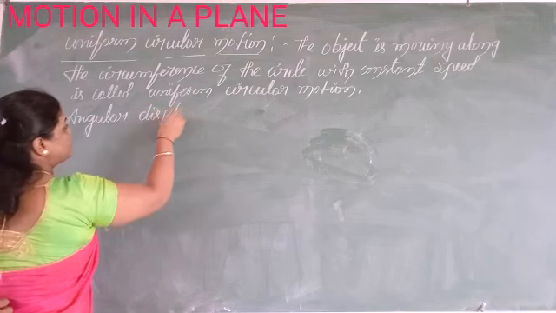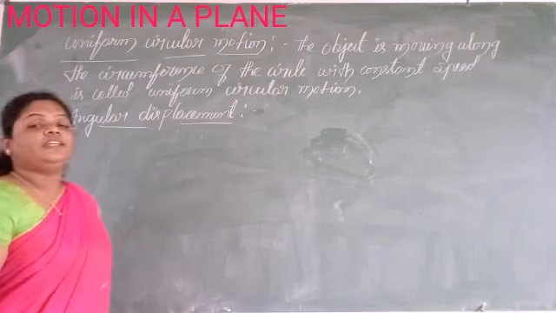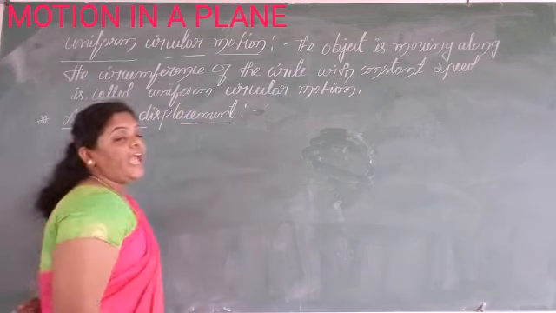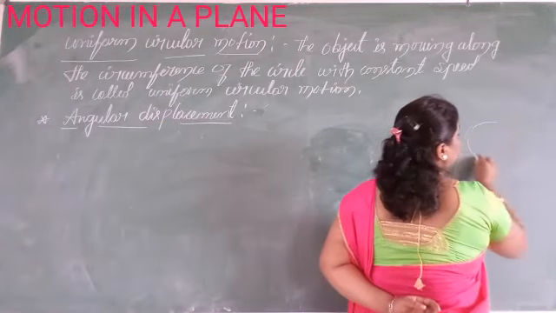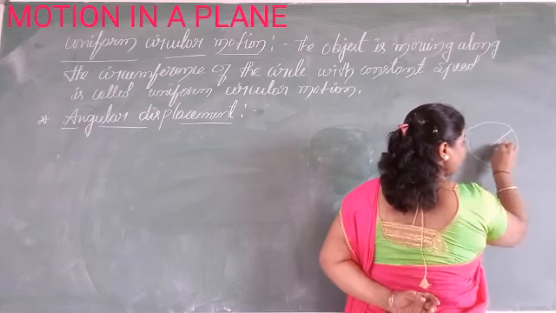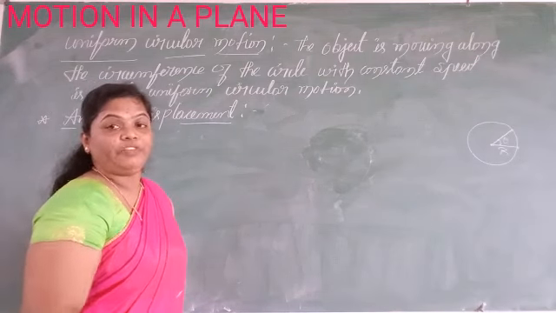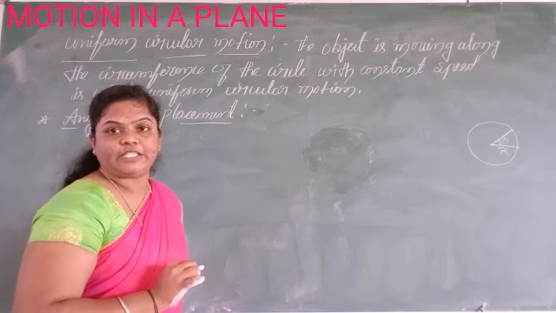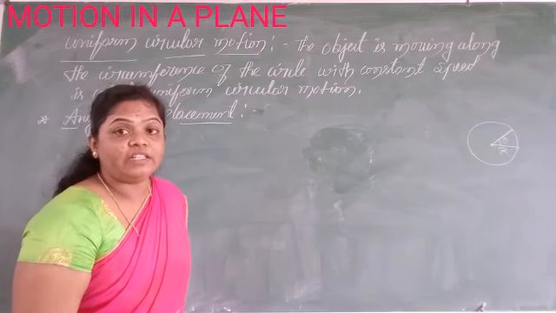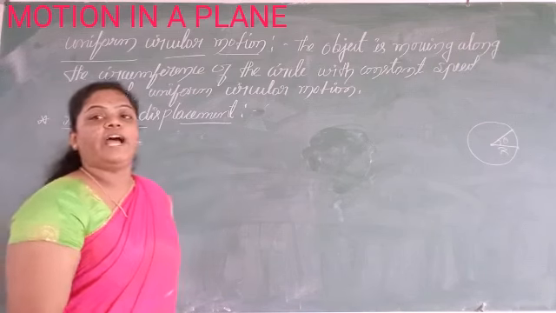What is meant by angular displacement? The angular separation made by the body between the two positions is called the angular displacement. See, this is the uniform circular motion, this is the radius of the circle. This is the initial position, this is the final position, and this is the angle theta. That is the angular displacement, the angular separation between the two positions. Just as in normal linear displacement we say the shortest distance between the two positions, similarly angular displacement is the angular separation made by the body between the two positions.